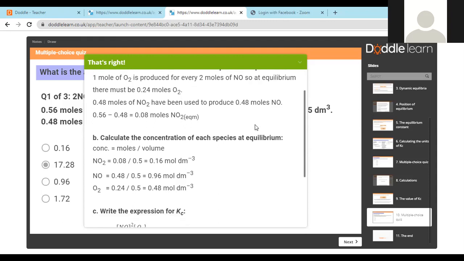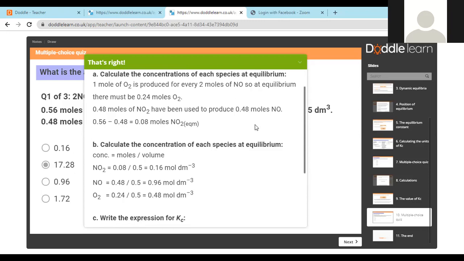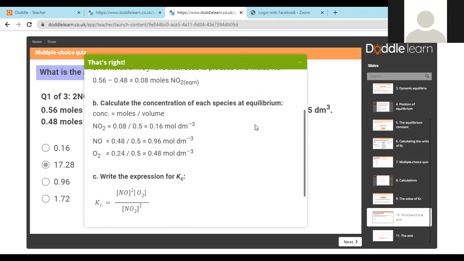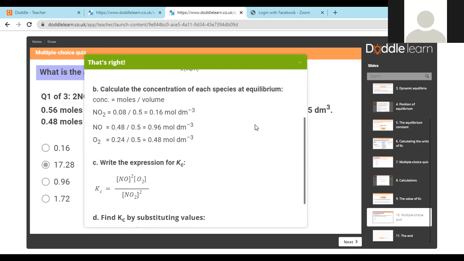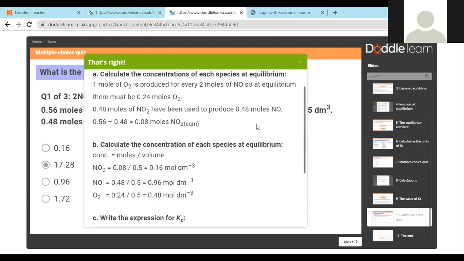Therefore, we're then going to calculate our concentration of each species at equilibrium. Concentration equals moles divided by volume. We know our volume is 0.5. So NO2, as we've said here, is 0.08 moles. We're going to divide that by 0.5, and so we get 0.16 moles per decimeter cubed.